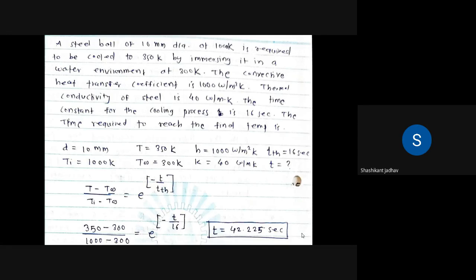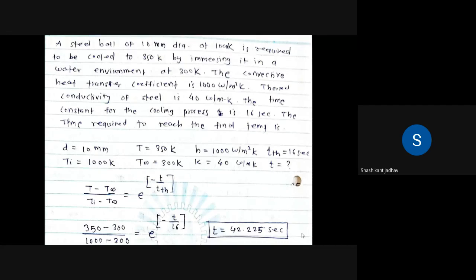We have to use the lumped parameter analysis equation: (T minus T infinity) divided by (Ti minus T infinity) is equal to e raised to minus t divided by the time constant.